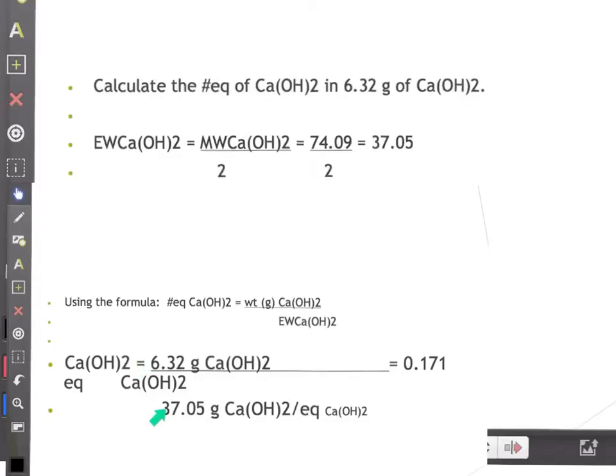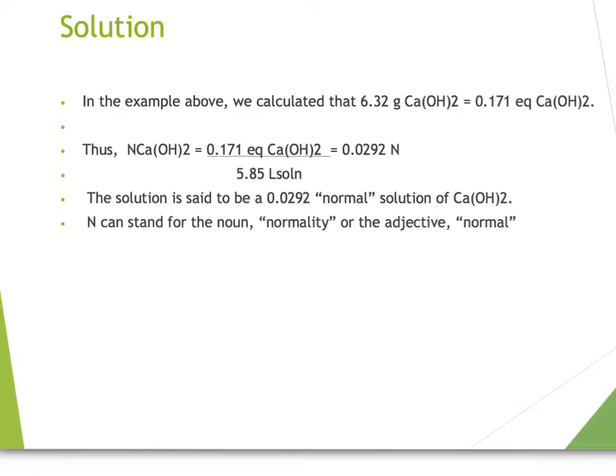We will divide it by our equivalent mass of calcium hydroxide. This will give us the number of equivalents as 0.171. So in the example, we calculated that 6.32 grams of calcium hydroxide had 0.171 equivalents of calcium hydroxide.